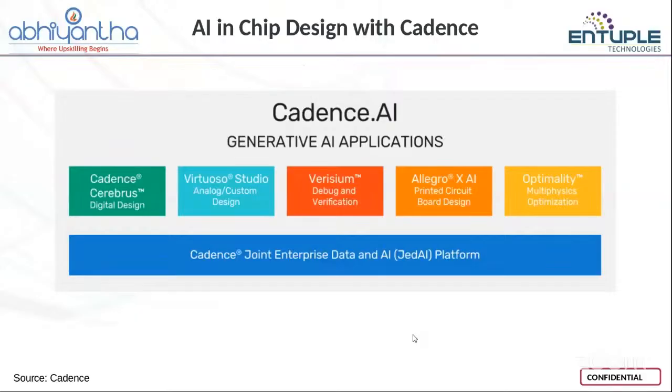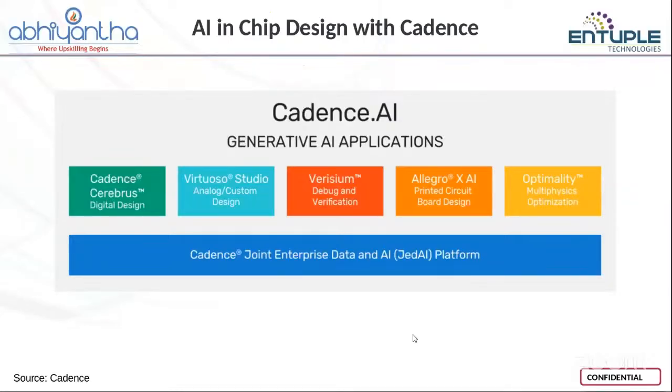In Cadence, we have various generative AI applications, that is tools. Out of these, one of the main ones is Cerebrus for complete digital design. As I mentioned, various domains are there, and in each domain we have the influence of AI.